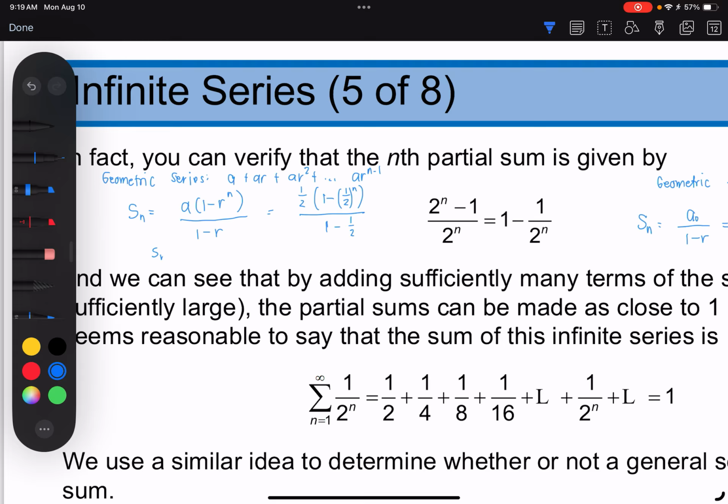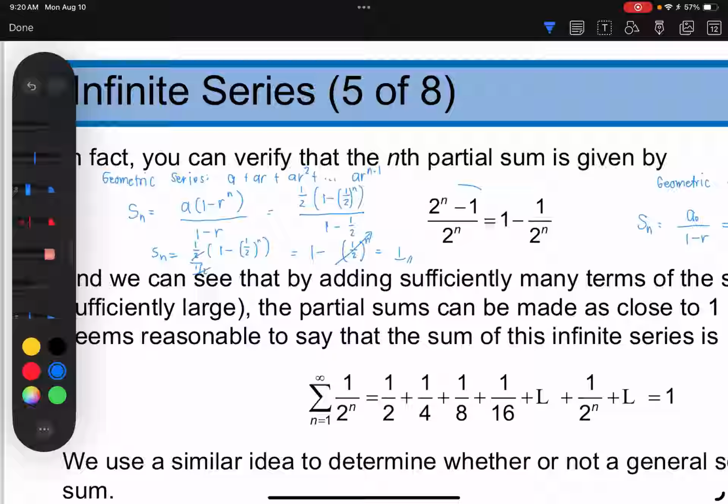So we can say that the sum is 1/2 times 1 minus 1/2 raised to n, all over 1/2. So this is 1 minus 1/2 raised to n. So 1/2 raised to n would approach 0 as n becomes large. So it would be 1.